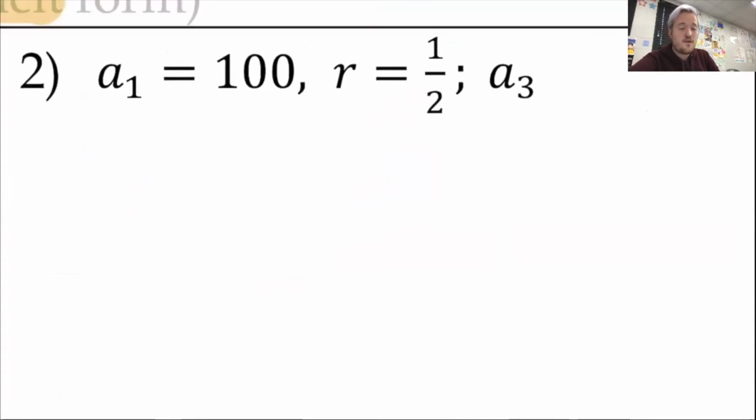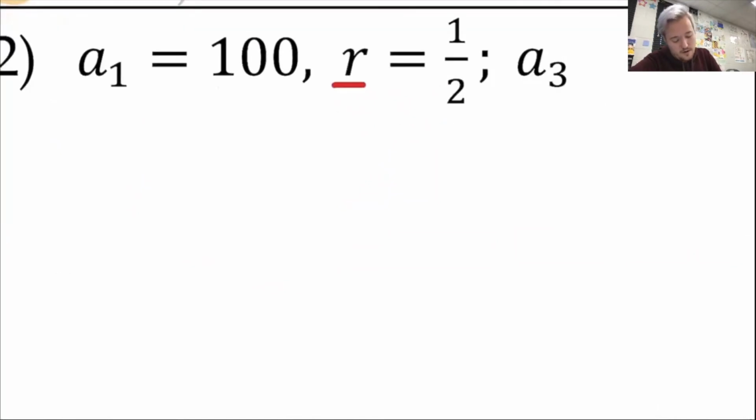All right, so now I actually give it to you in terms of the sequence notation. So I tell you A of 1, which is the first term, is 100. R, which is 1/2, which R implies a ratio, which implies geometric.